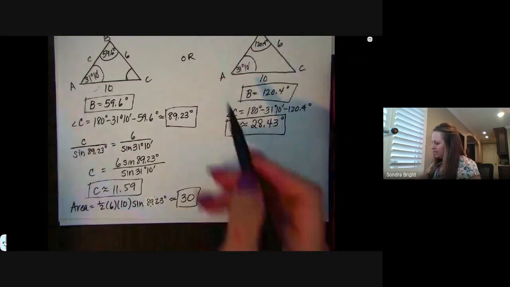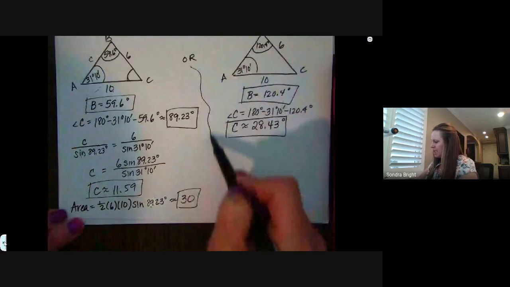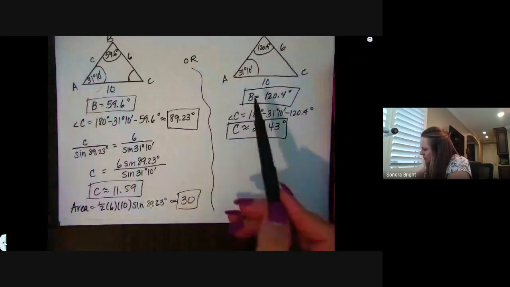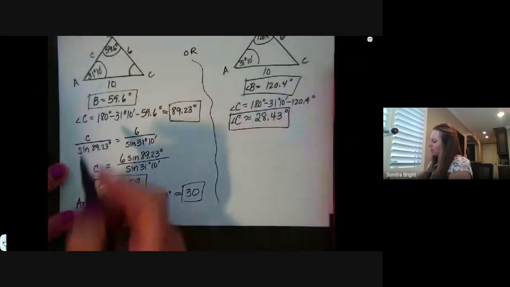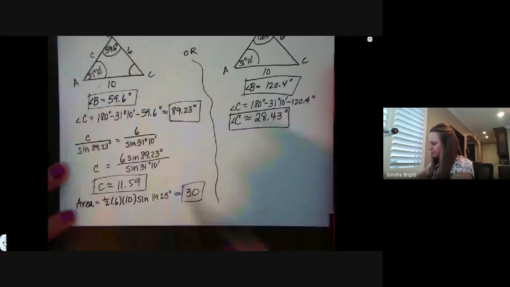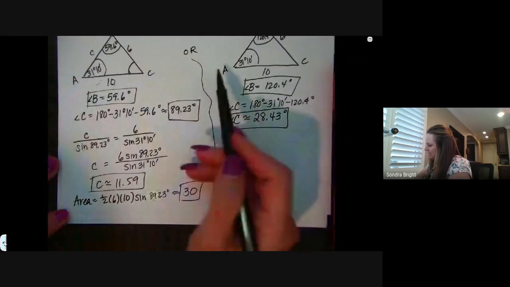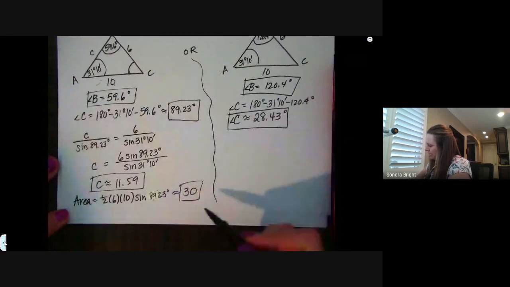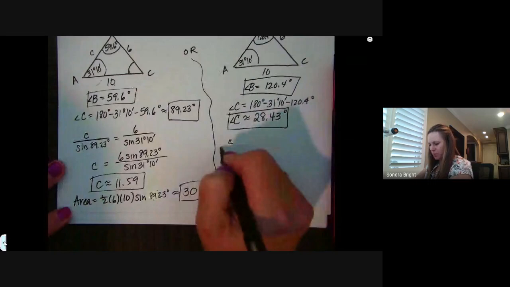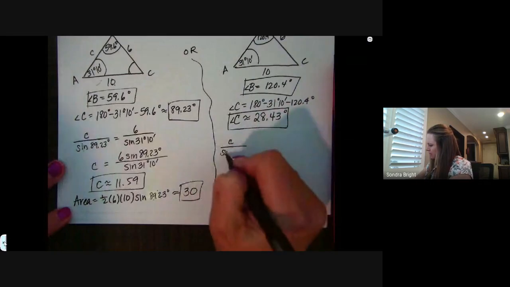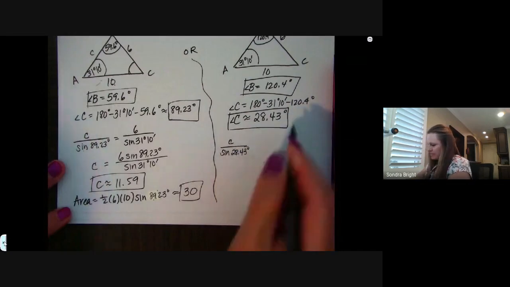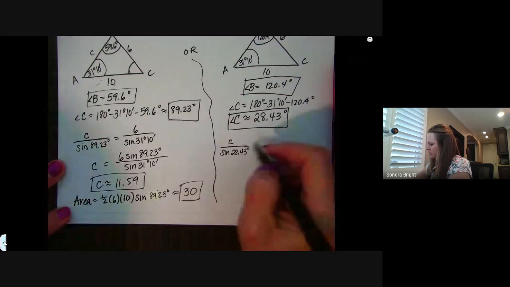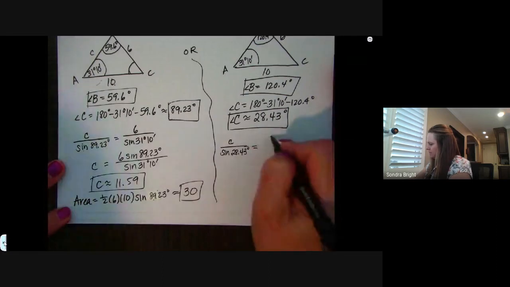Second triangle, I've already got angle B and angle C. Let's find, I guess I should have been more clear, these are angles. All right, we need to find side C. So this time it's side C over sine of 28.43 this time, using this angle C, and set that equal to 6 over sine of 31 degrees, 10 minutes.